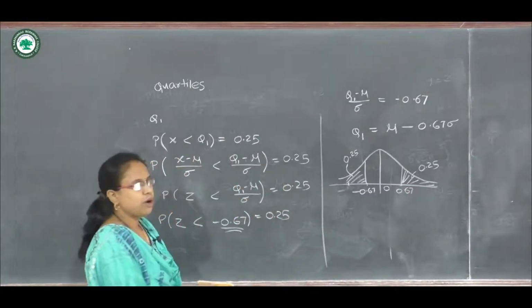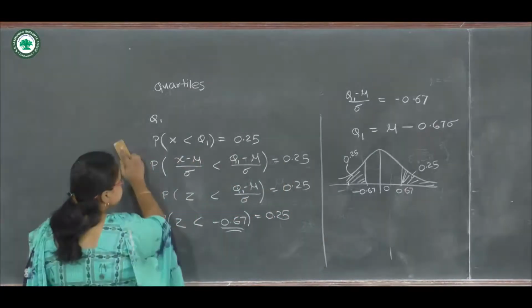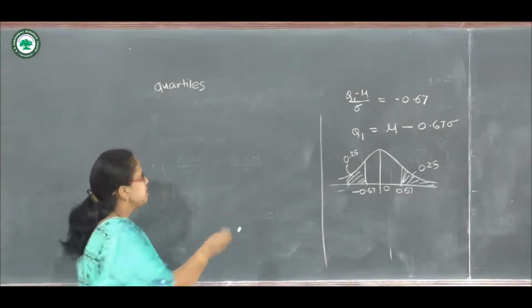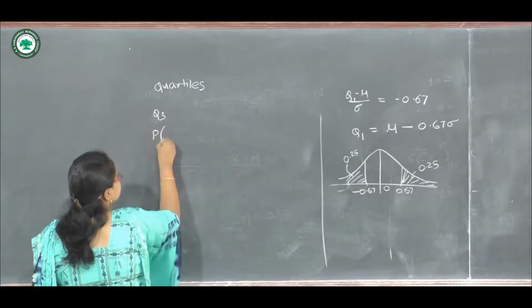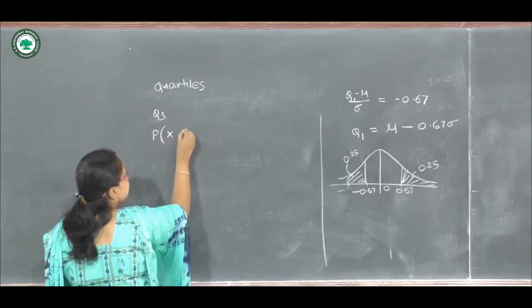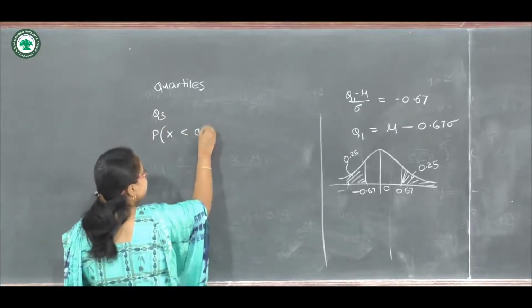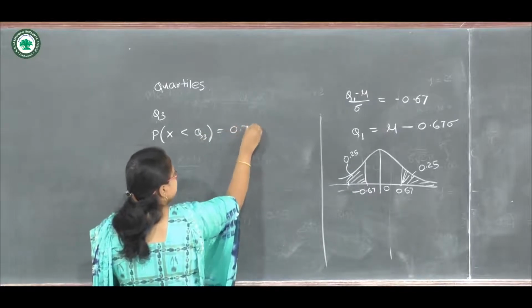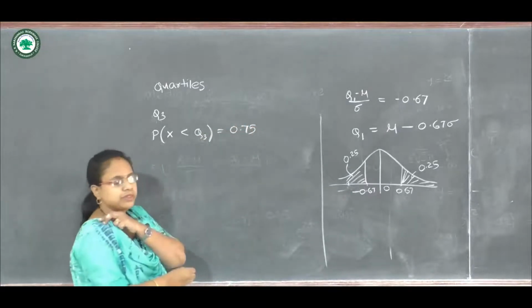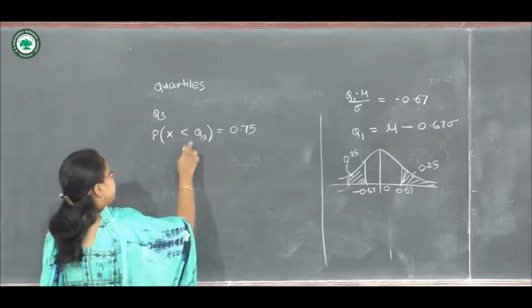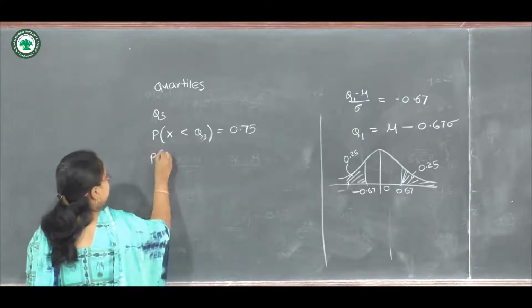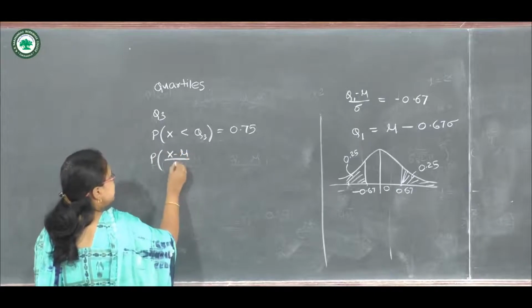So now I will obtain Q3. Q3 means the third quartile. For that we will use this probability: probability of x less than Q3 is 0.75. So 75% of the area is before the third quartile. Now we will convert it into the standard normal.